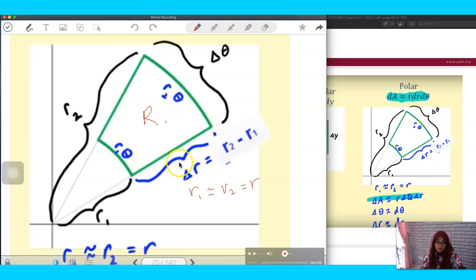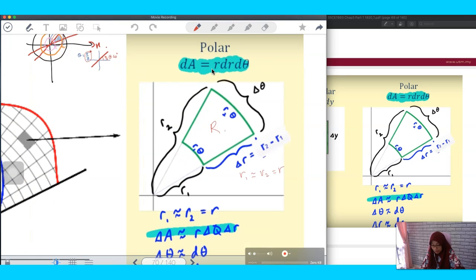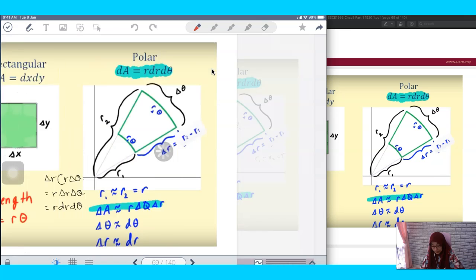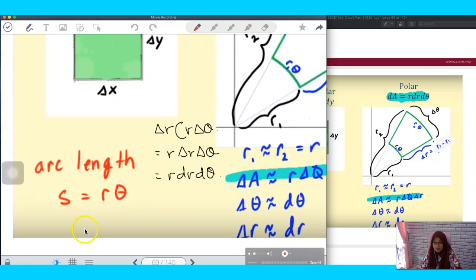Then for this one, it is the changes of theta, not the length. But how can you have the arc length? What is the formula of arc length? The formula of arc length is r theta.